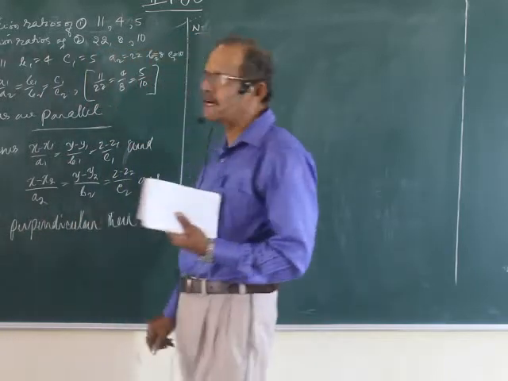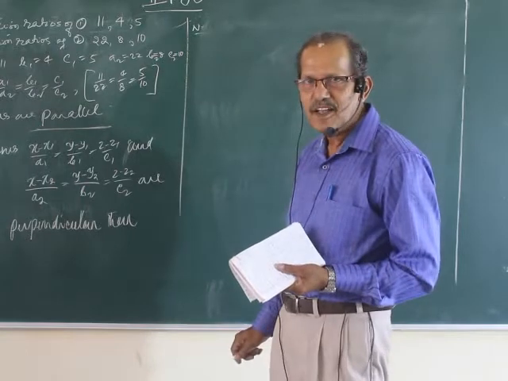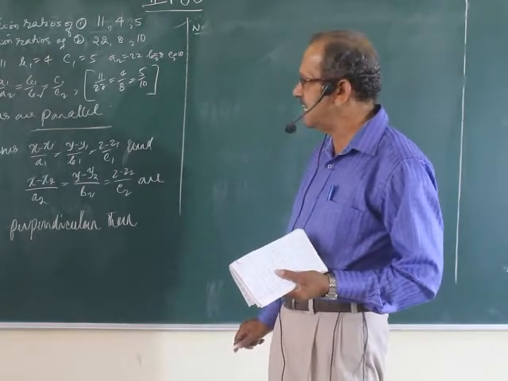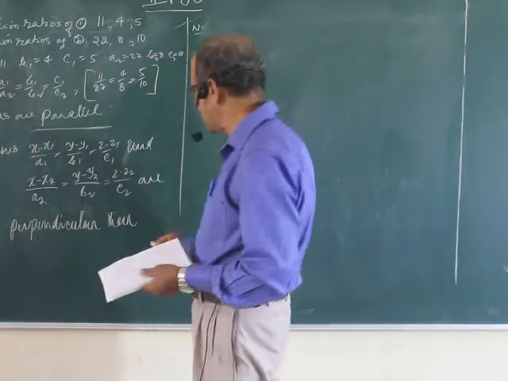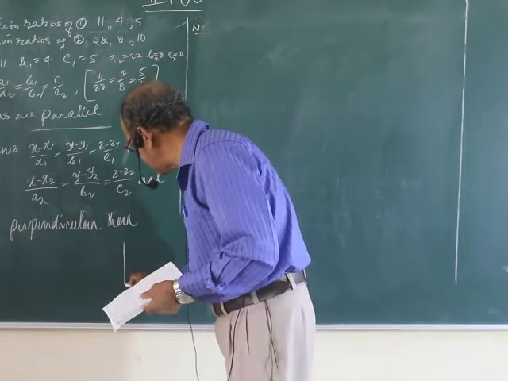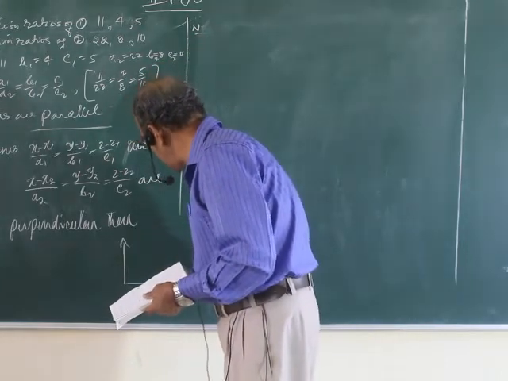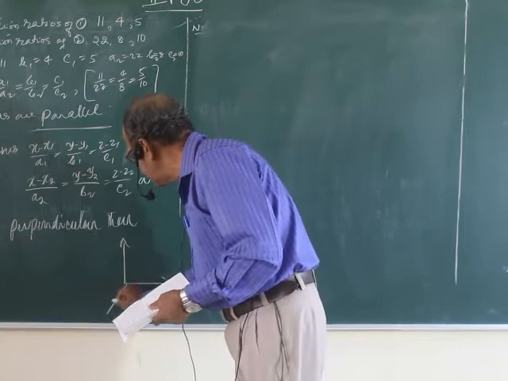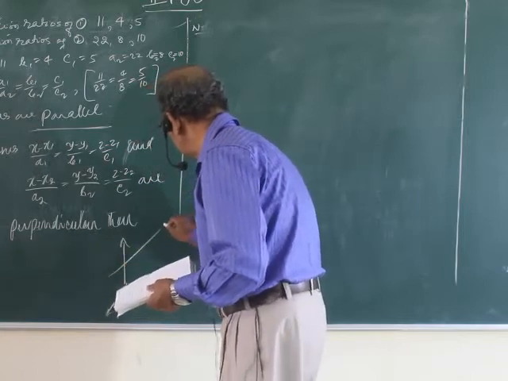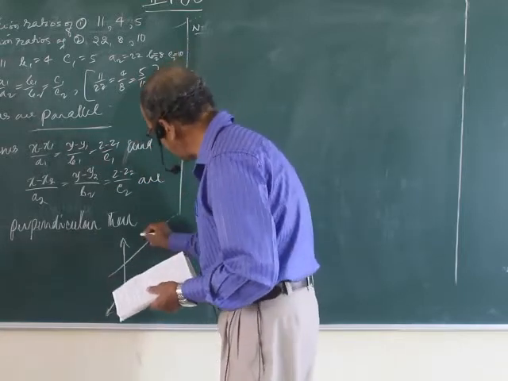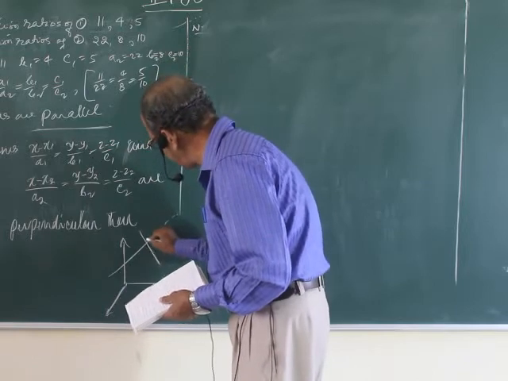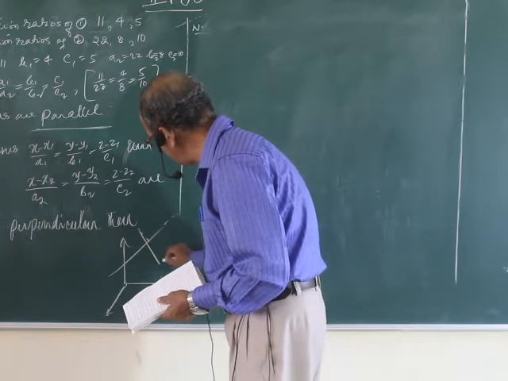Then what is your conclusion? One straight line is perpendicular to the other. Shall I draw the figure here? Two lines are perpendicular to each other, first line, second line. What is your conclusion? Tell me.